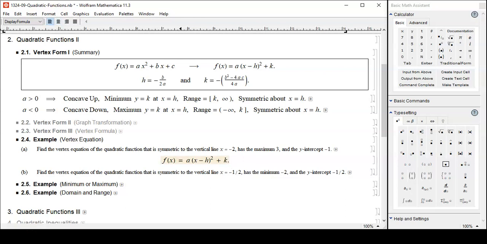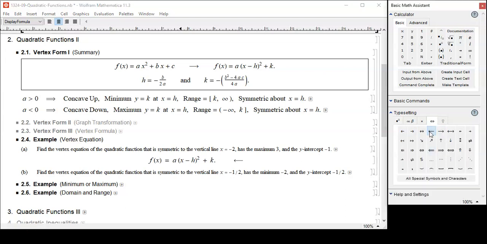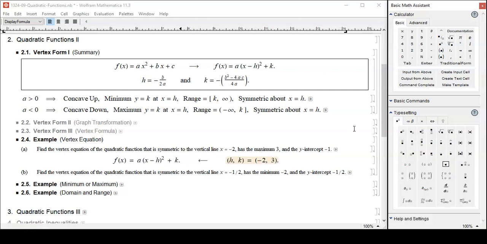So the vertex h, k is negative 2, comma 3. So plug in negative 2 for h and 3 for k. Make sense?